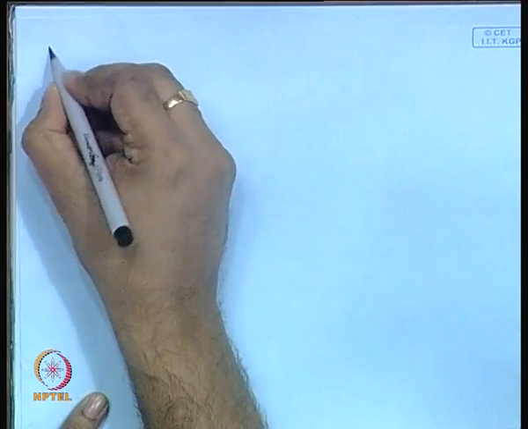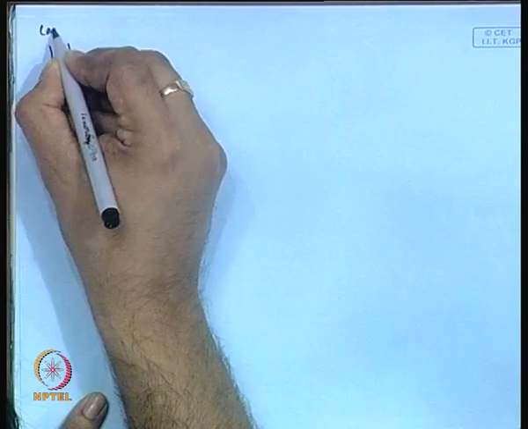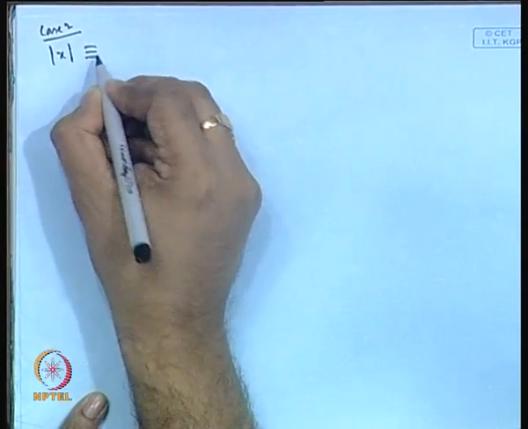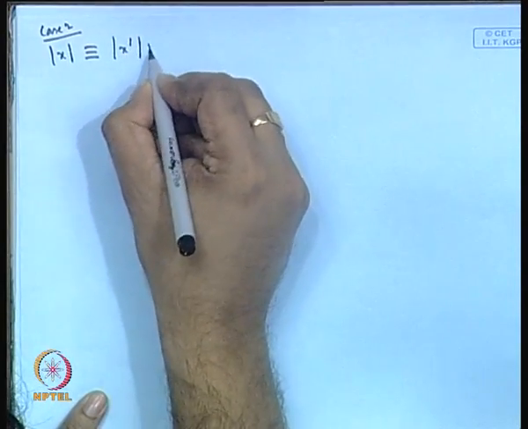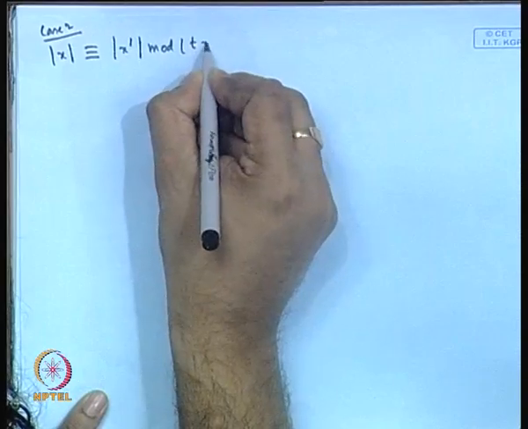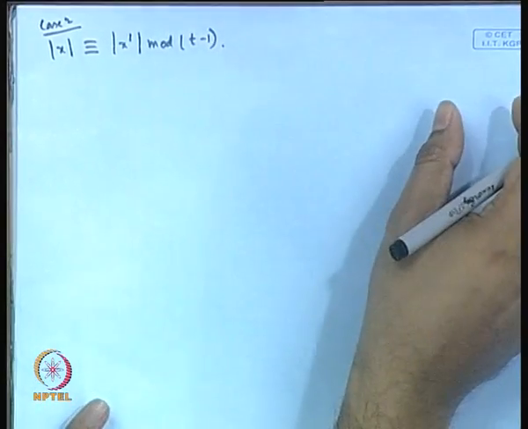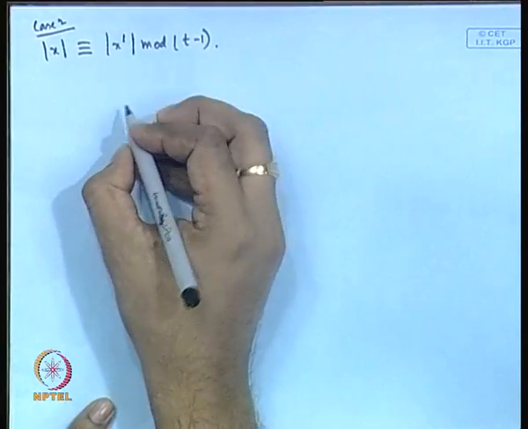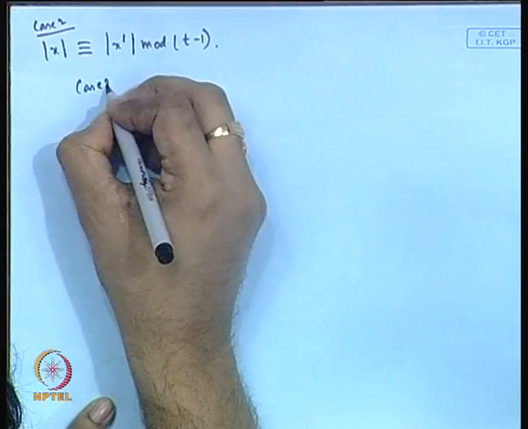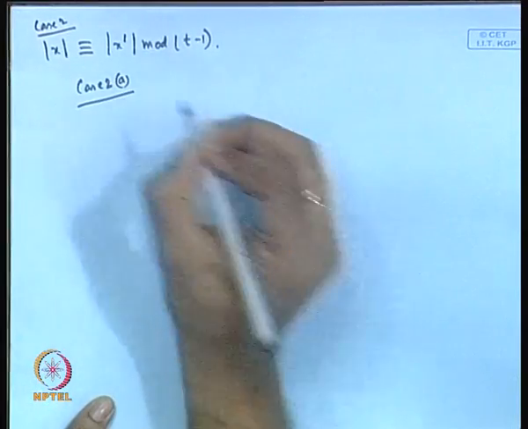The other case is when mod of x and mod of x dash mod of t minus 1 are the same. It will be easy if I break this into two parts.